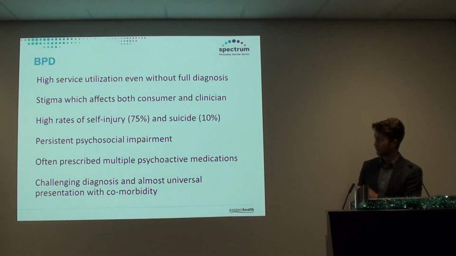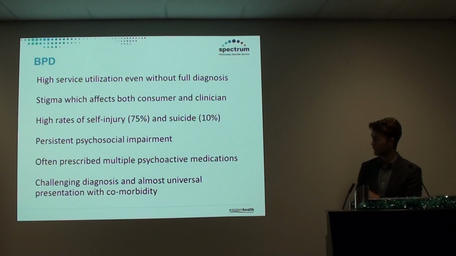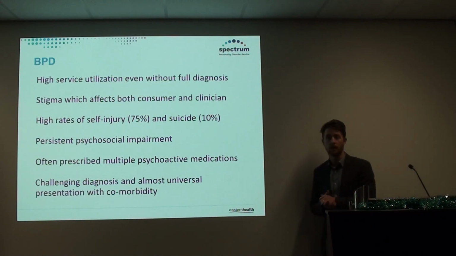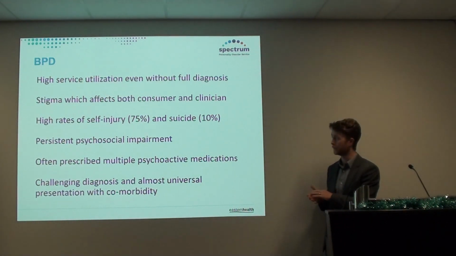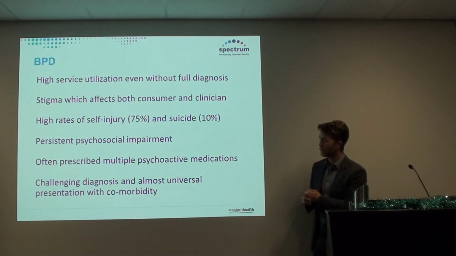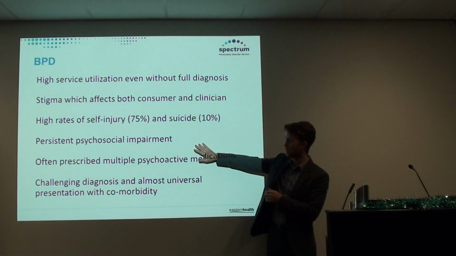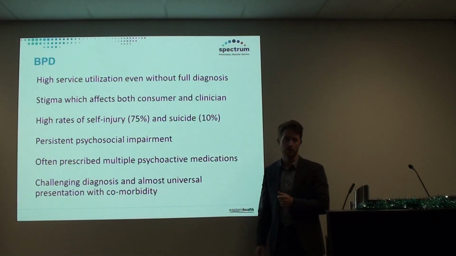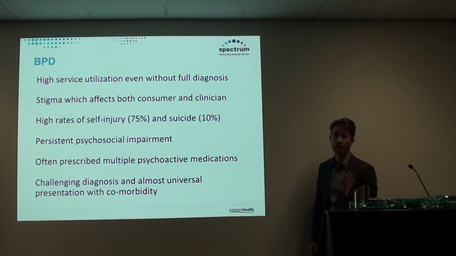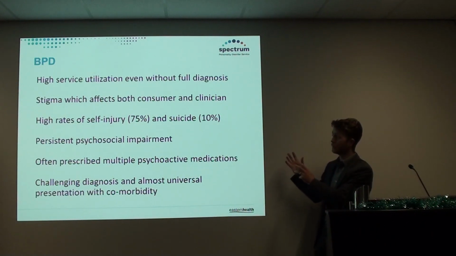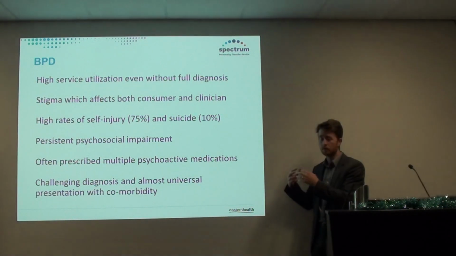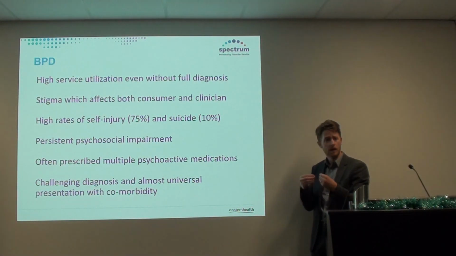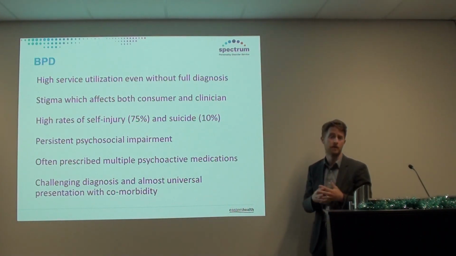There are high rates of self-injury, and the suicide rate is on par with the other major mental diagnoses out there. One of the big ones, more than anxiety or depression, is significant psychosocial impairment. Even if people manage to get out of the state associated with self-injury and suicide, they often remain unemployed and unable to find rich relationships in their lives.